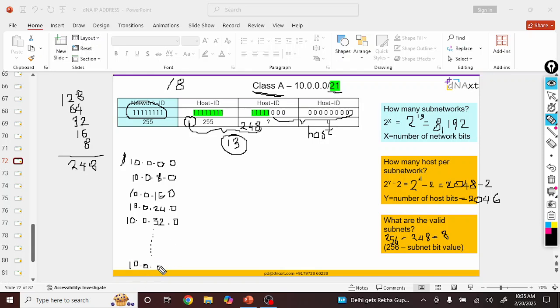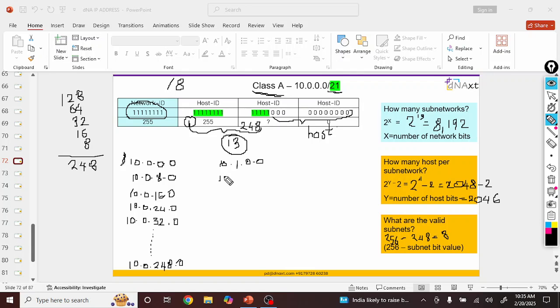By incrementing 8, we will reach a point where we'll get this network ID, 10.0.248.0. Now if you add 8 over here, it will become 256, which is not a valid IP address. So what we will do at this point, we will do an increment in the second octet.